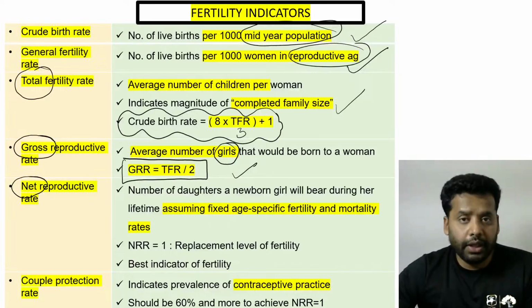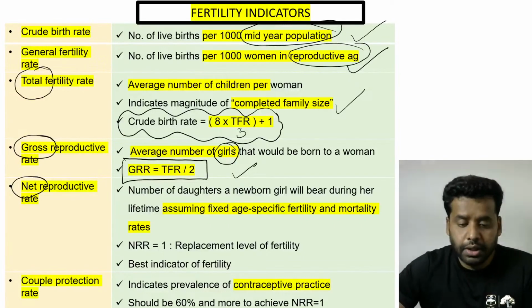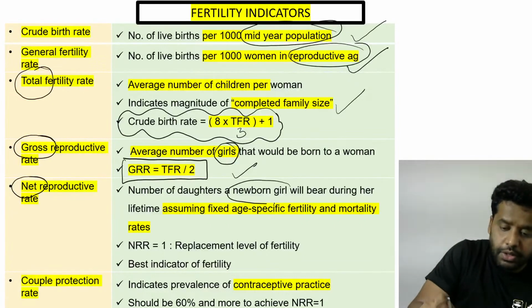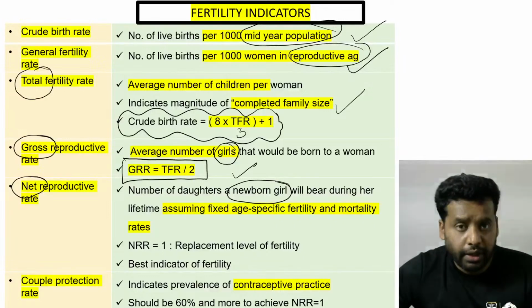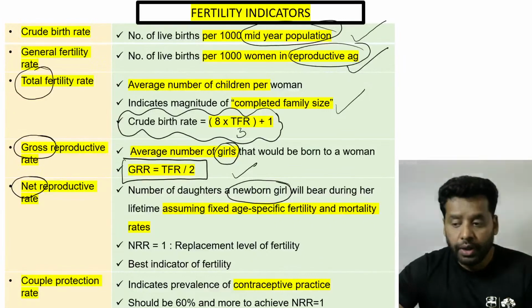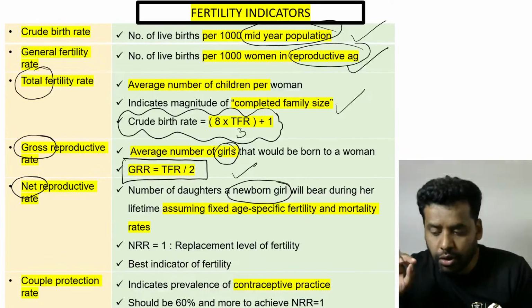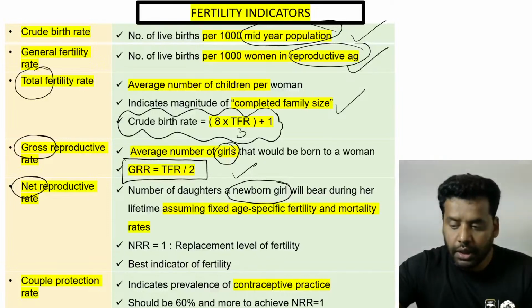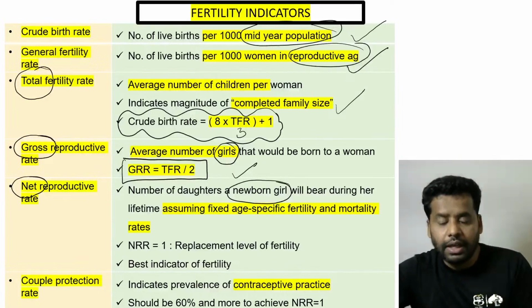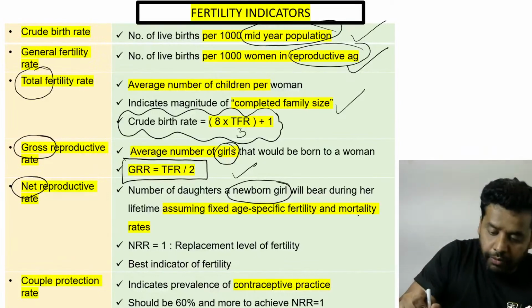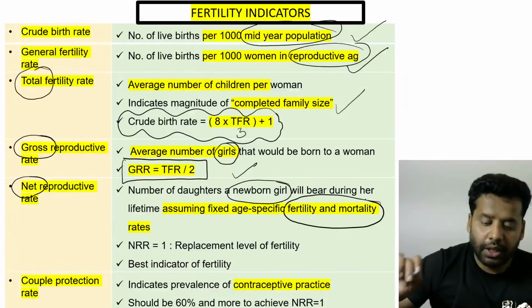Net reproduction rate is the number of daughters a newborn will have in the future. See the difference. We are starting from a newborn. Because we are counting both mortality and morbidity, here fertility and mortality both are considered.